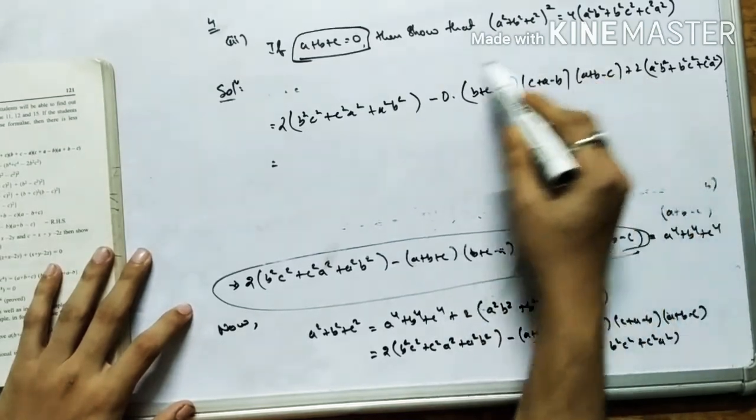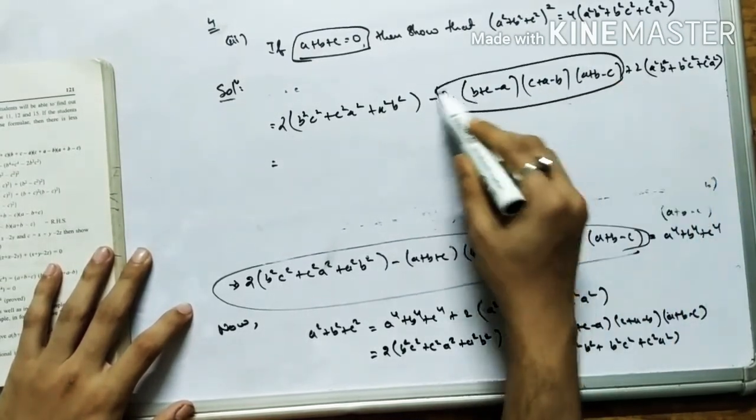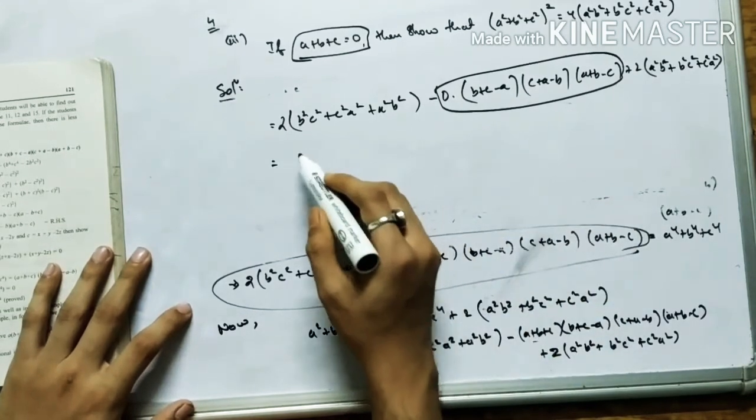So this whole thing will become 0, because it is multiplied with 0.